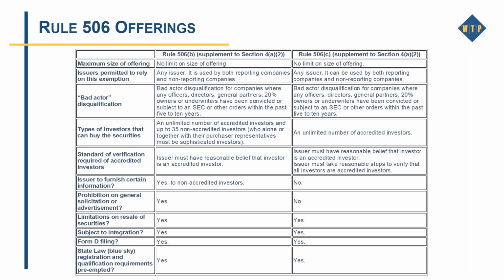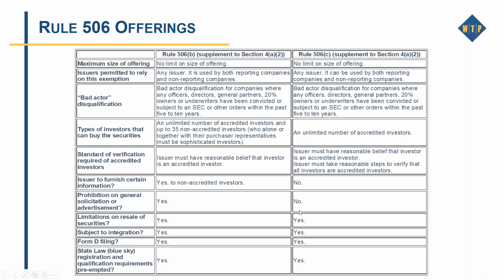One, I can't have any non-accredited people, and two, there's accredited people. I somehow have to do a diligence process and make sure that they are in fact accredited. And the reason is, under this prohibition on general solicitation or advertisement, 506B says you can't generally solicit people.